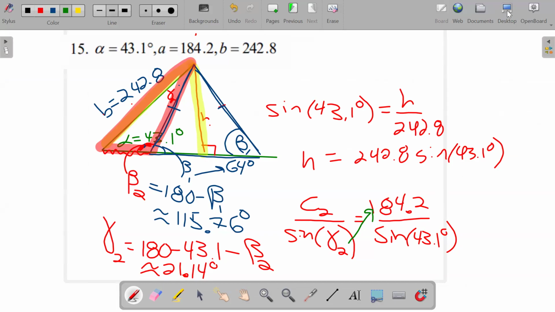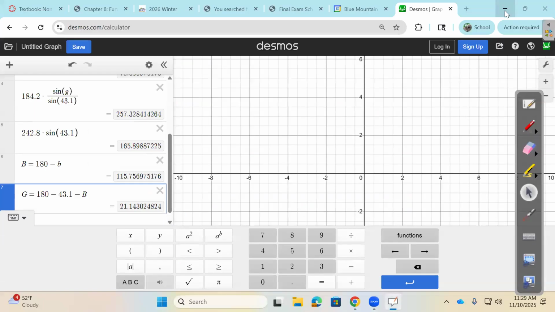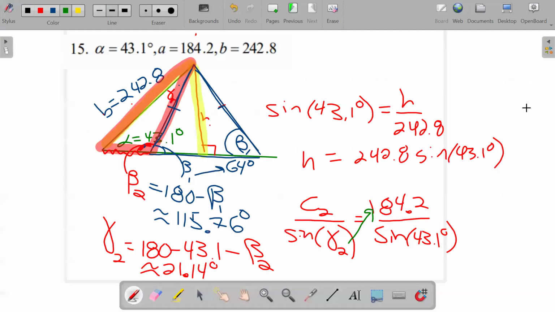Generally, I almost always have to draw pictures to solve these problems, and on some problems I have to draw more than one picture to figure it out. About the placement of the sine: when I'm missing an angle, the sines go on top. If I'm missing a side, I put the sides on top and the sines below.